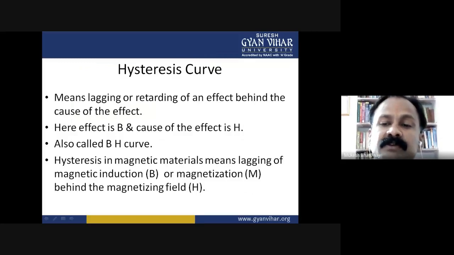This phenomenon is known as magnetostriction.